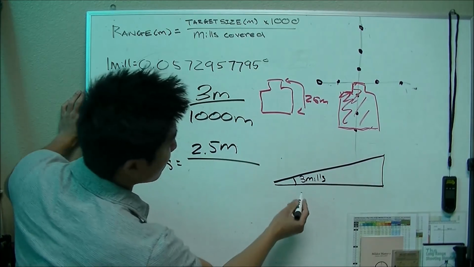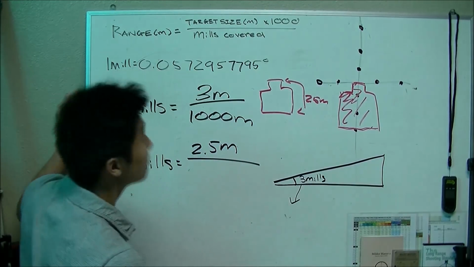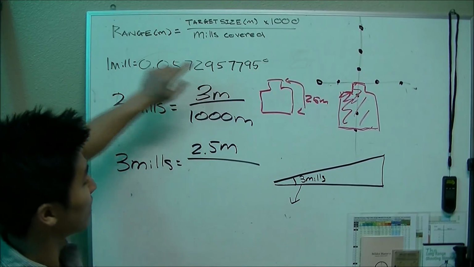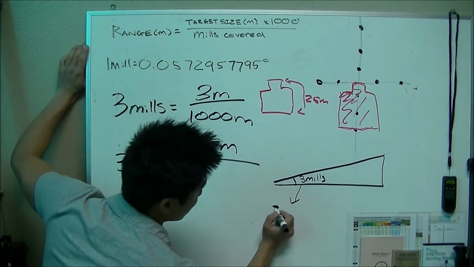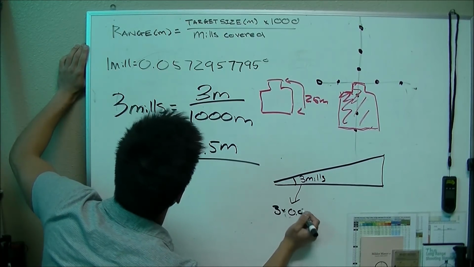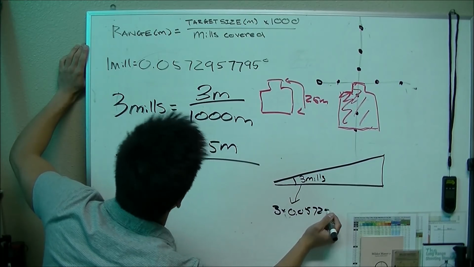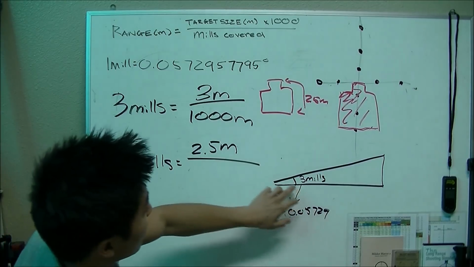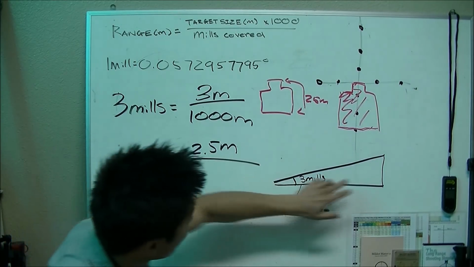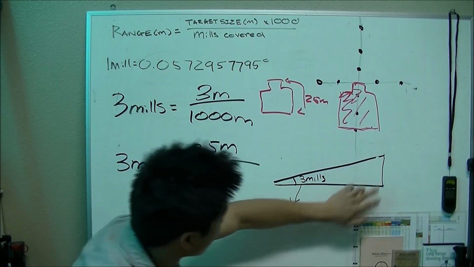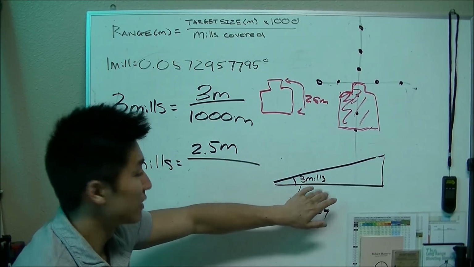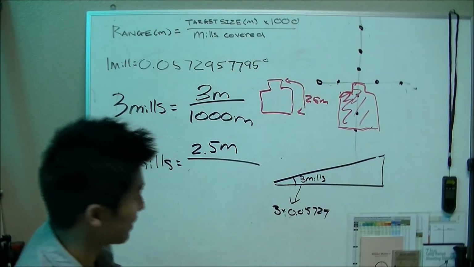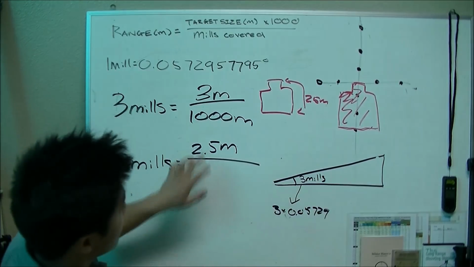Now remember that 3 mills, because 1 mill is 0.05729, 3 mills is just going to be 3 times 0.05729. And then it's going to be another relationship of this angle now for this length here with this length here as well. So we're going to be 2.5.